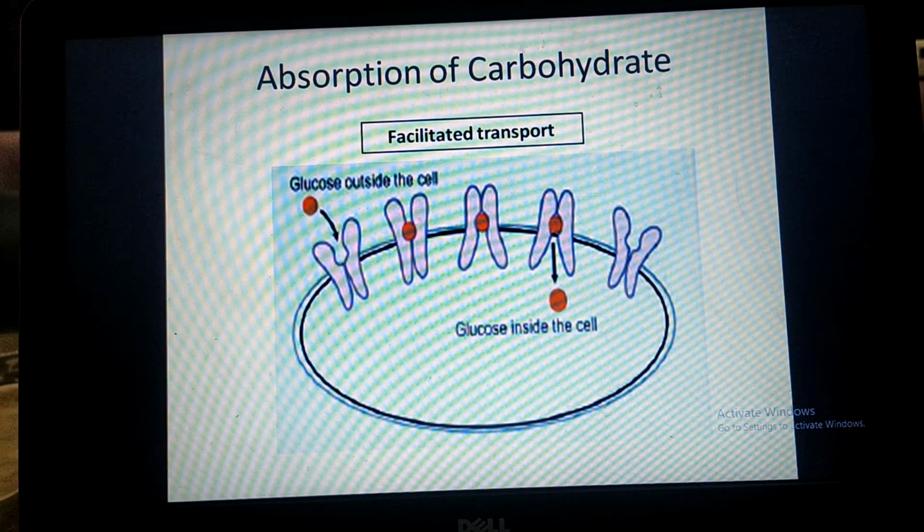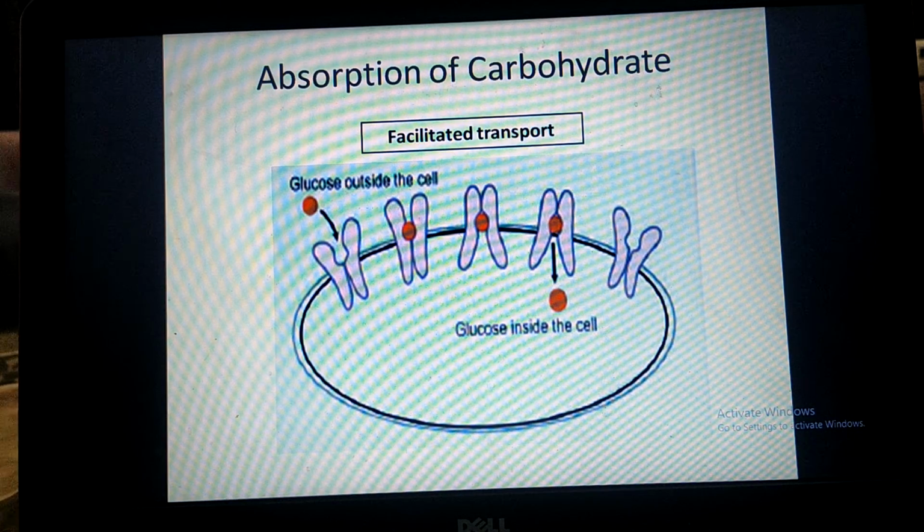So this figure shows the facilitated type of transport. Here see that the monosaccharide binds to the transporter. First the transporter opens on one side.